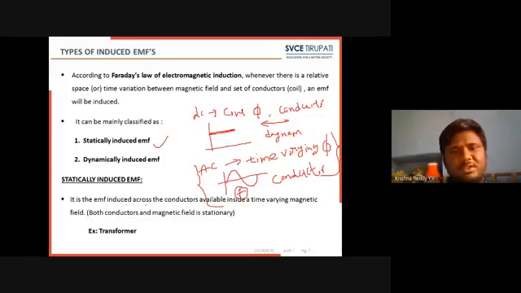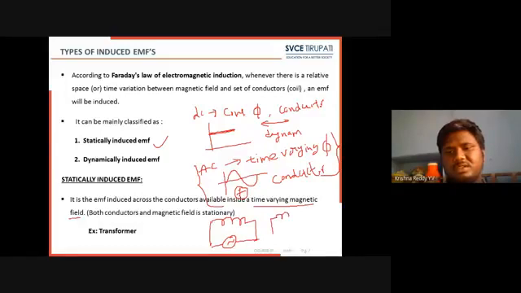Is EMF induced across conductors available inside a time varying magnetic field, where both conductors and magnetic field seem to be stationary? Here we have one conductor supplied with AC. Then we get a time varying magnetic field, and we have a stationary conductor.